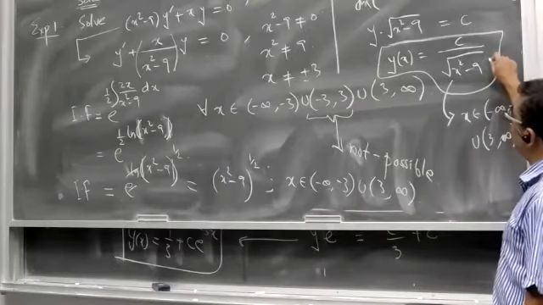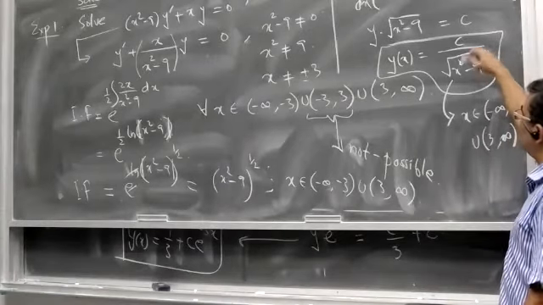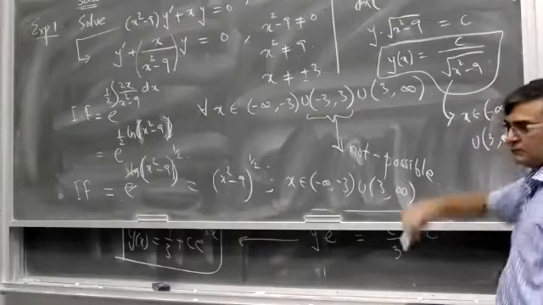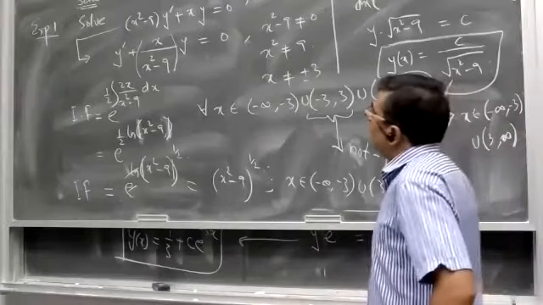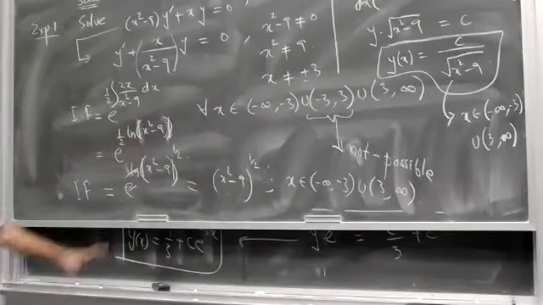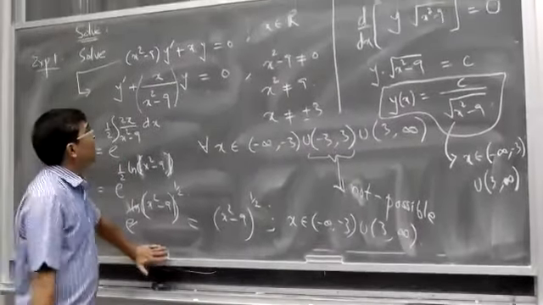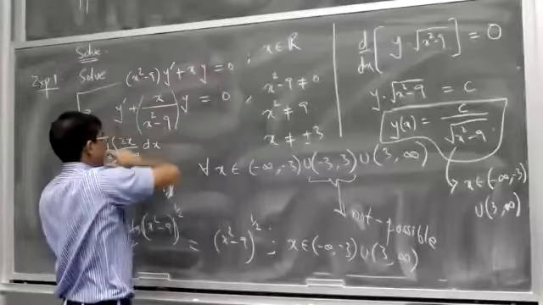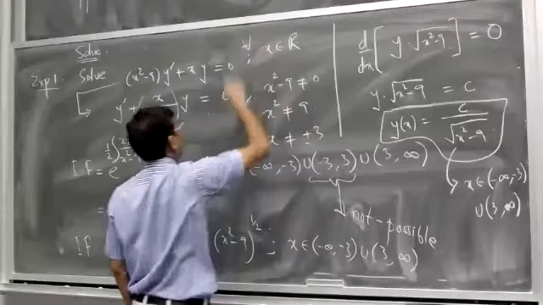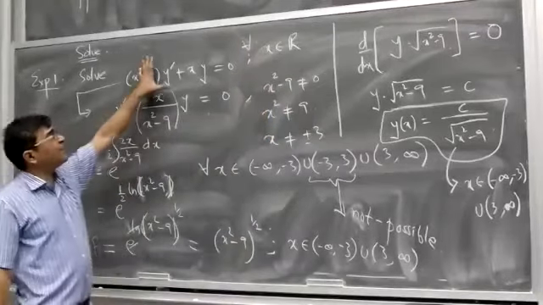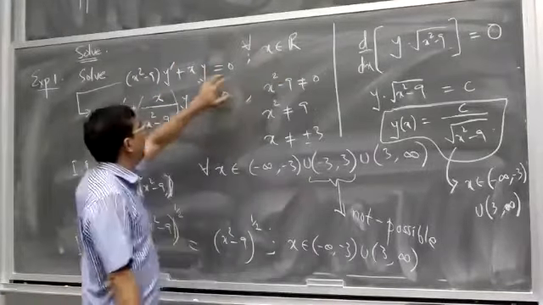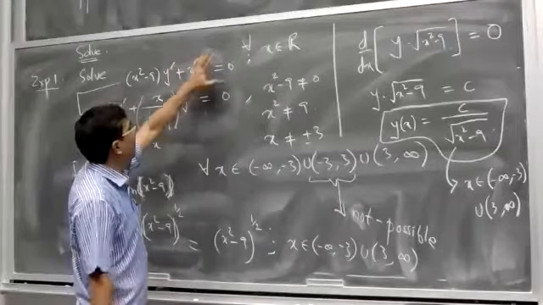Now you get this solution, and all possible values of x belong to this interval. From here we have seen one thing: if for a differential equation the domain is given as x belongs to R, for all x belongs to R, then this differential equation is defined for all values of x in R, because it will never give you an undefined thing.